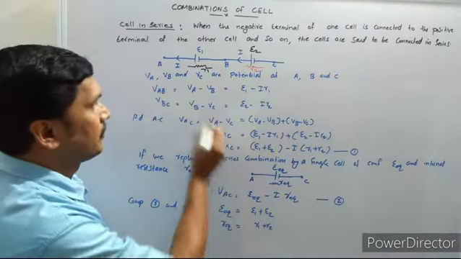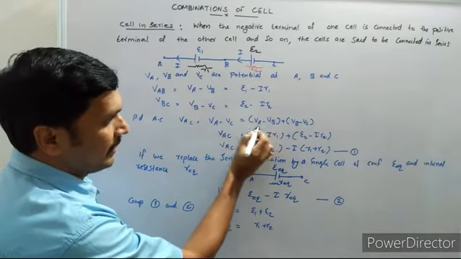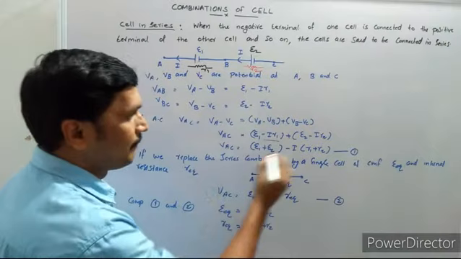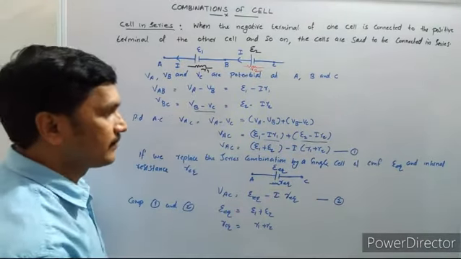So VAC, the potential difference between A and C, can be written as E1 minus IR1 plus E2 minus IR2.